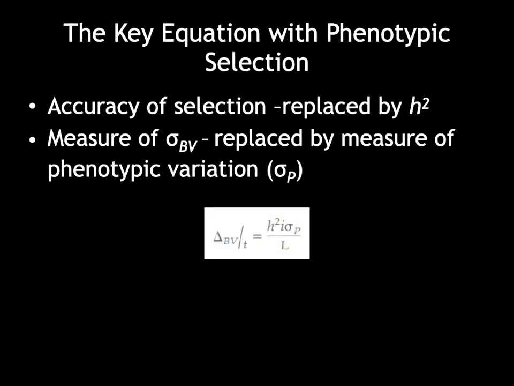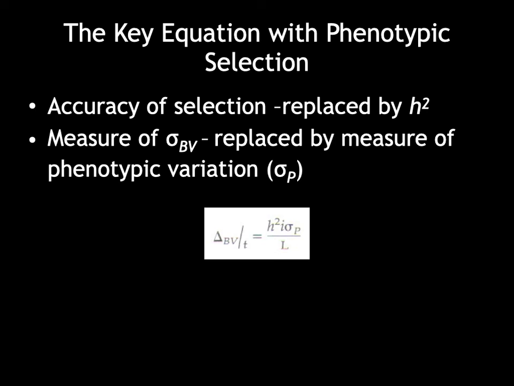In the key equation, we can replace accuracy of selection if we have information on the phenotypic selection. So we can replace accuracy of selection with heritability if we have information on the heritability, and we can replace breeding value variance by a measure of phenotypic variation.